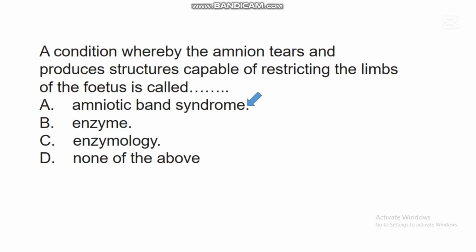Amniotic band syndrome is a situation whereby the amniotic membrane, or the amnion, tears and produces structures capable of restricting the limbs of the fetus. This is one of the challenges in pregnancy. This is one of the challenges of this amniotic membrane or this amnion.